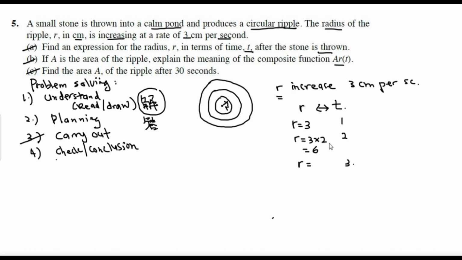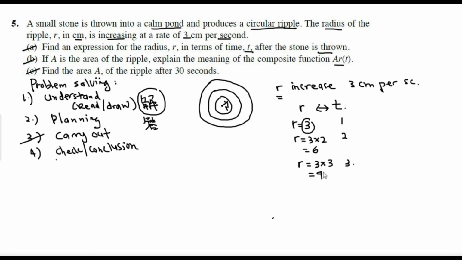What is the radius of the circular ripple? Can you work it out now? You are right. After 3 seconds, the new radius will be 6 plus 3, so you get 9.